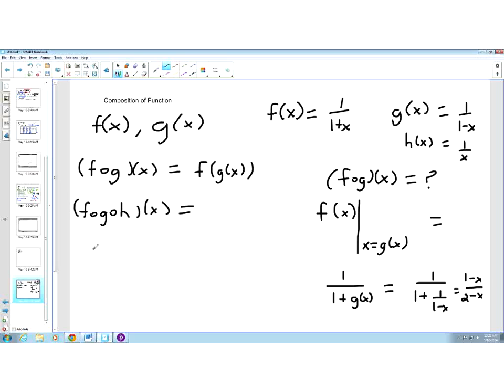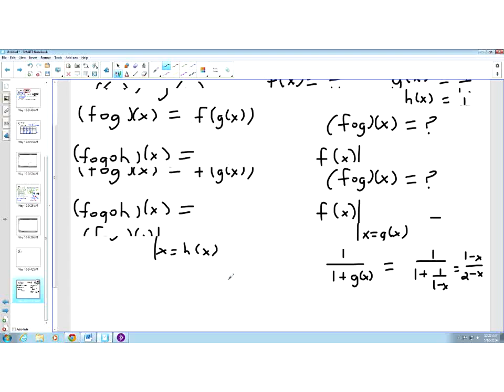And so that would just simply be f composed with g of x evaluated at x equals h of x.